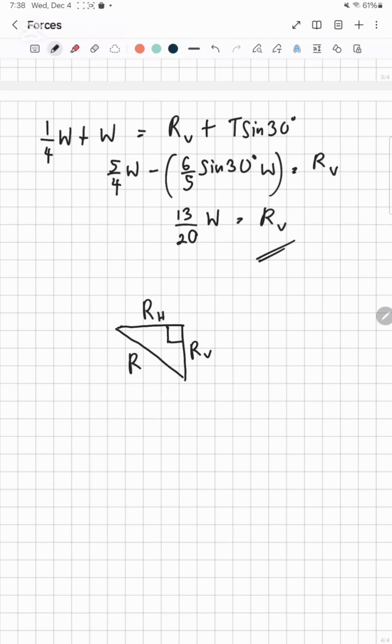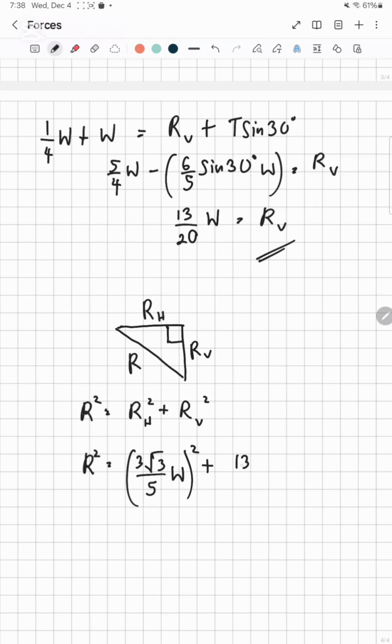So R squared equals RH squared plus RV squared, right? So R squared equals 3 root 3 over 5 squared W squared, I forgot the W squared, plus 13 over 20 squared W squared. So R equals the square root.